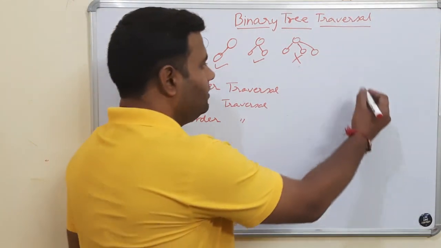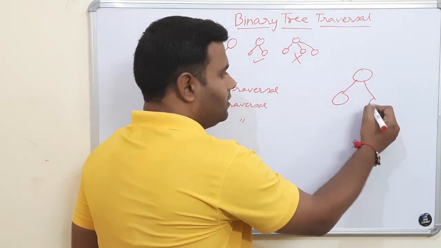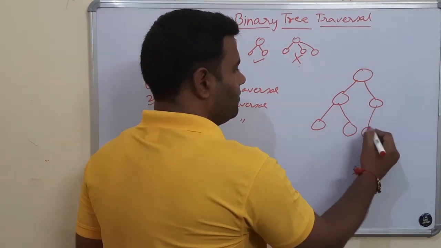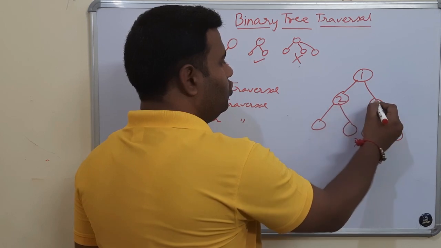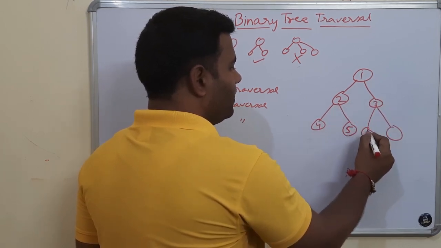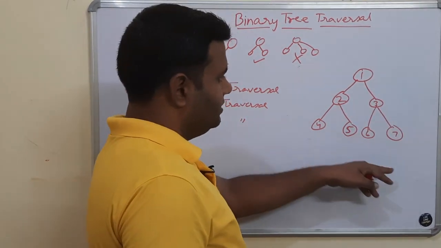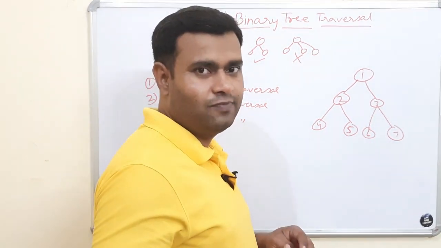If I create a tree and give some names 1, 2, 3, 4, 5, 6, 7. By the way, this type of tree is also called something. Can you guess?